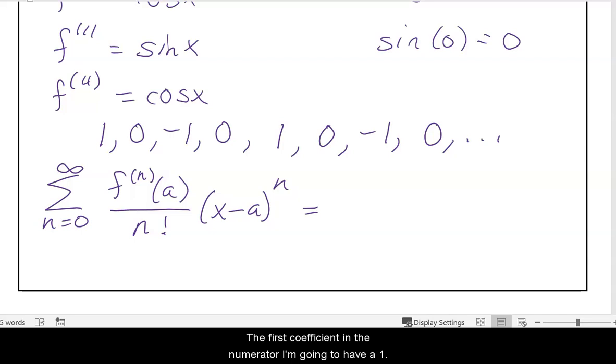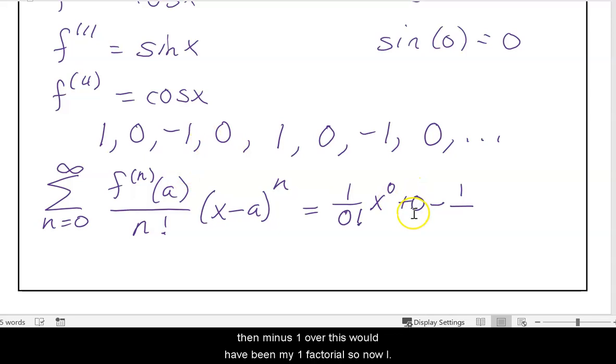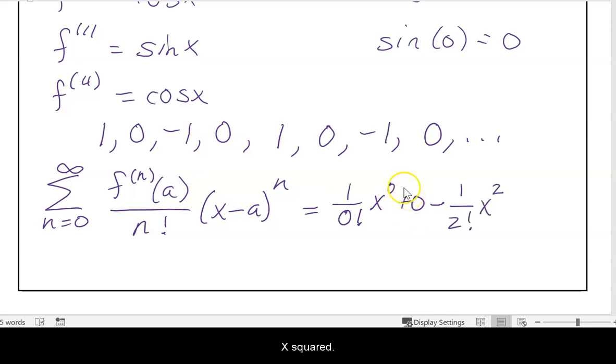The first coefficient in the numerator, I'm going to have a 1. So I have 1 over 0 factorial x to the 0. And then I have plus 0, because the next term is going to go away because of the 0 there. Then minus 1 over, this would have been my 1 factorial, so now I have 2 factorial x squared. And then the next one, of course, goes away again.